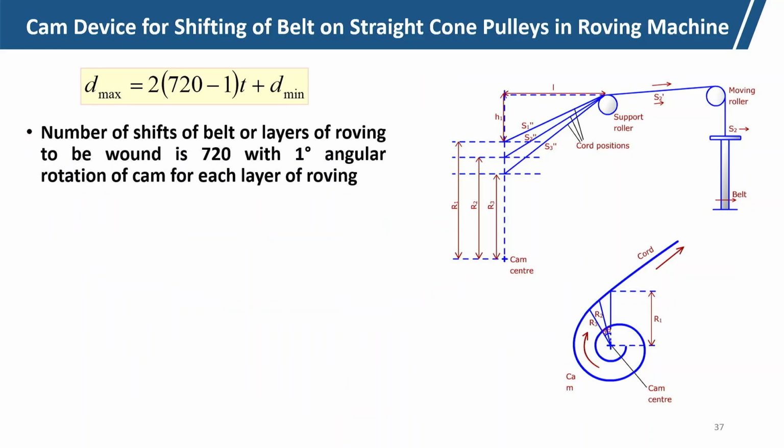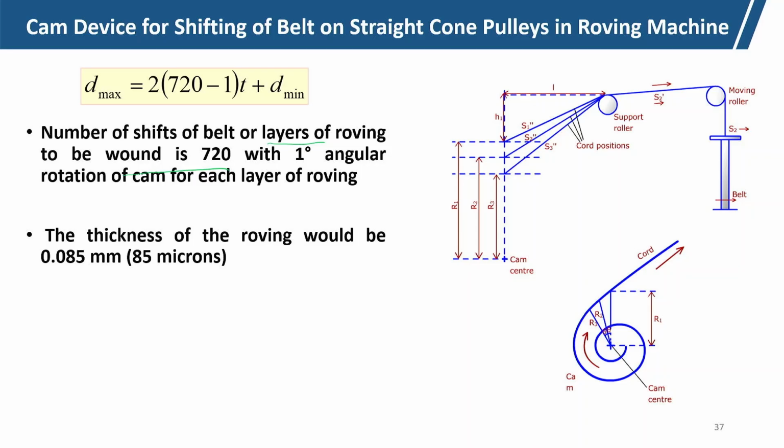So, number of shifts of belt. The belt will be shifting after every 1 degree of revolution. So, there will be 720 steps of shifting, with 1 degree angular rotation of cam for each layer of roving.